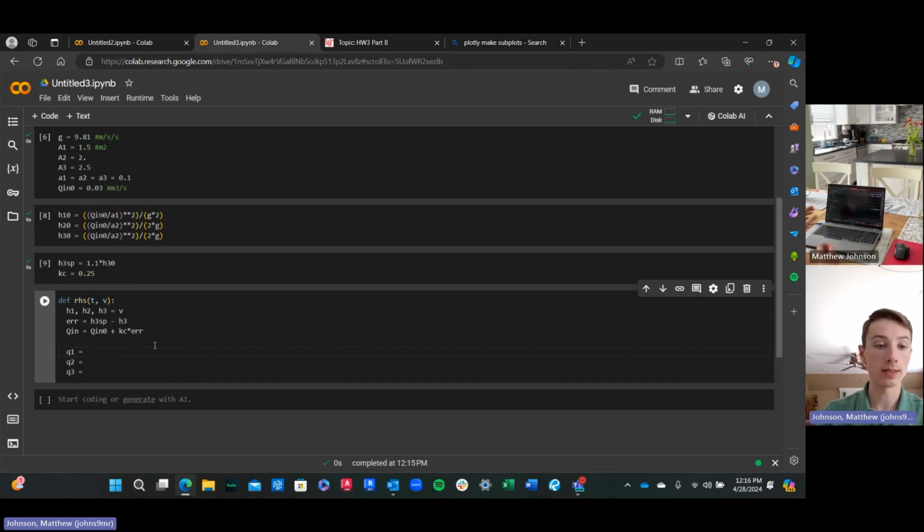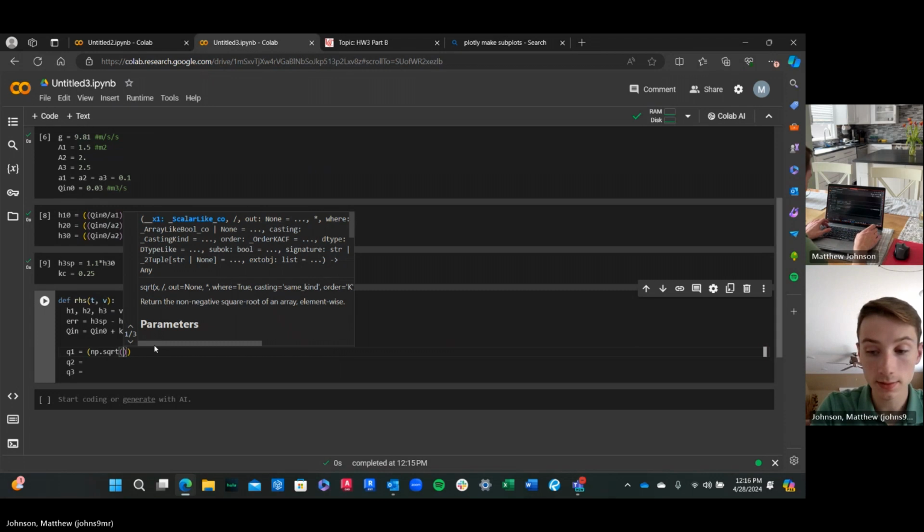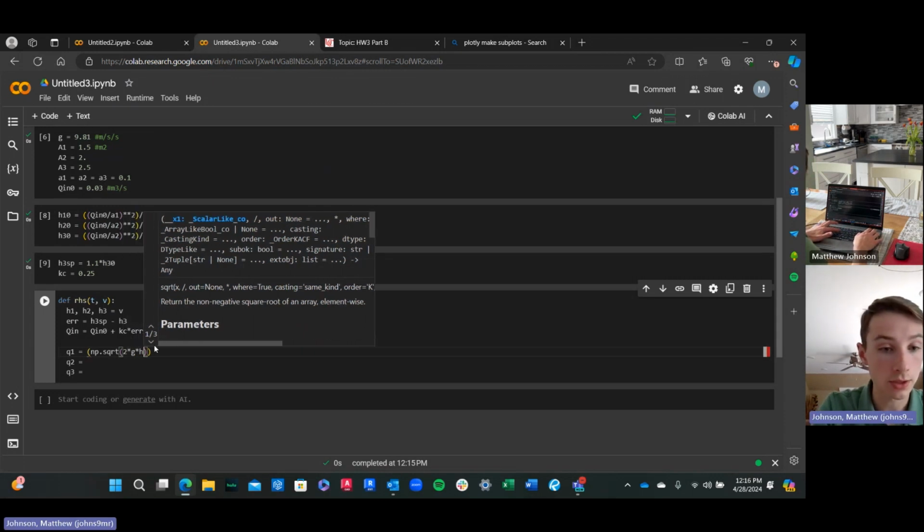And all we're going to do is write these equations for the flow, and then return the differential equations that we came up with, which is like the first flow minus the second one divided by the area of the first tank, something like that. We had 3 of those equations, so we'll transfer those in here as well. But for starters, we had Q1, that's going to be equal to np dot square root of 2 times G times H1.